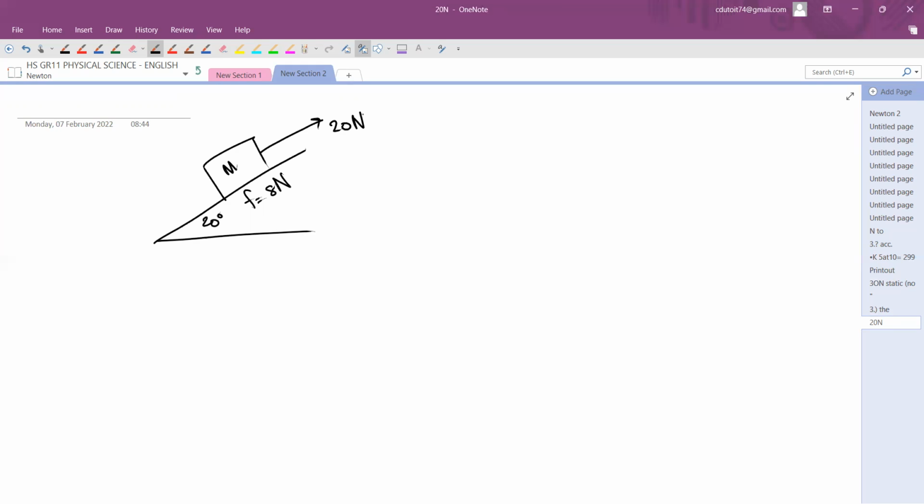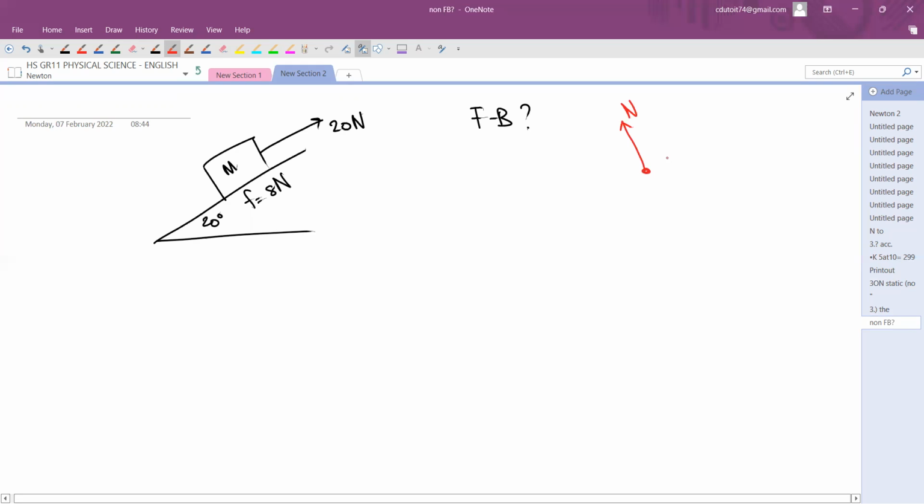Okay, let's try that. Free body diagram. Okay, I know you can do this. So I have a normal force. Then I have applied force. Then I have friction in this direction, kinetic. And I have Fg parallel now. And then I have Fg perpendicular.